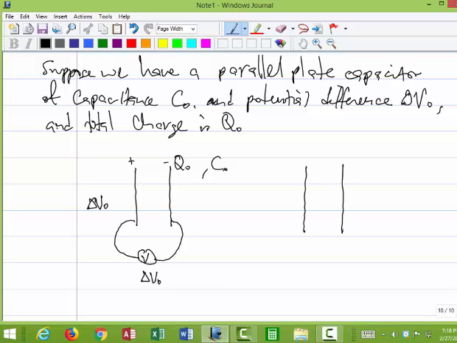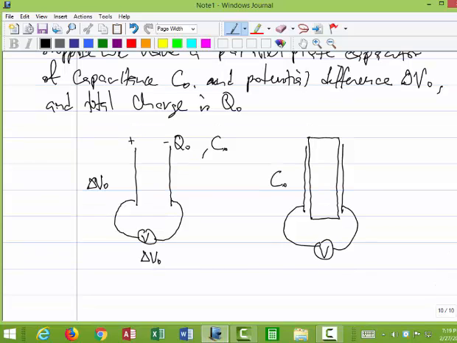Let's say with the voltmeter still across it, we put a dielectric material in here. If you put a dielectric material there, you will see that the voltage will now change to delta V. The charge on the plate does not change, so the charge is still Q naught.